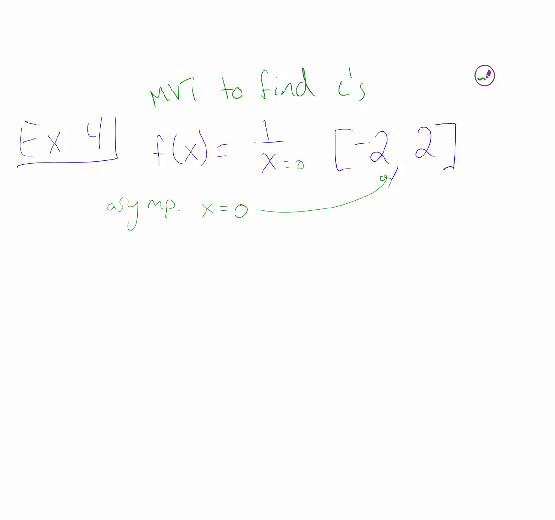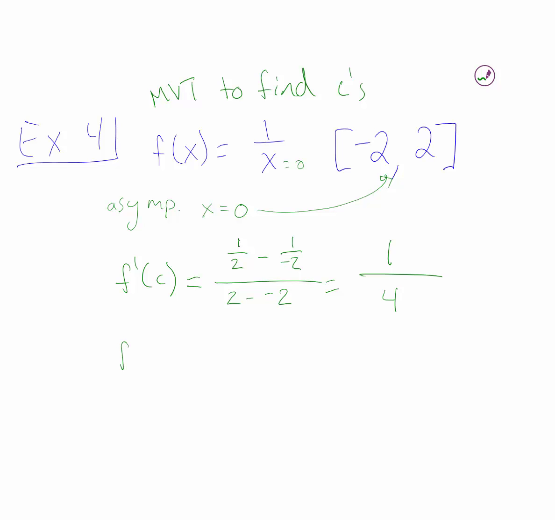If you didn't see that though, very quickly, we could say f prime of C equals 1 over 2 minus 1 over -2, over 2 minus -2. That's 1/2 minus -1/2, so 1/2 plus 1/2 over 4.